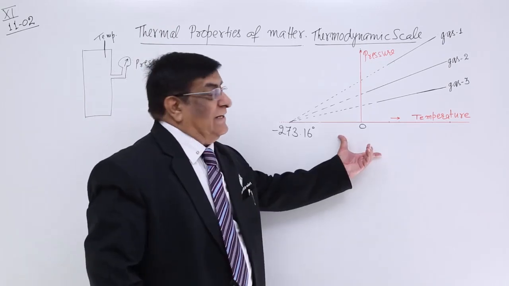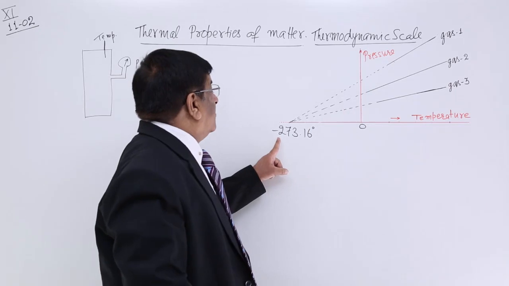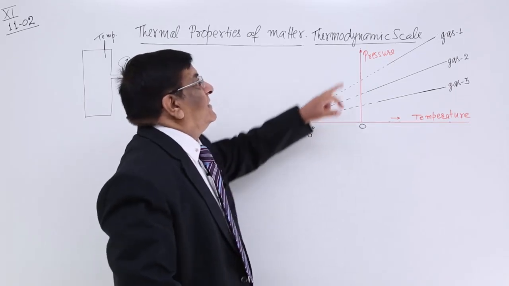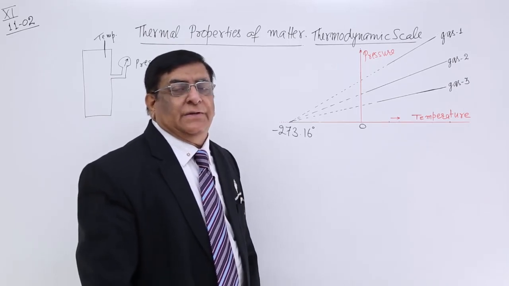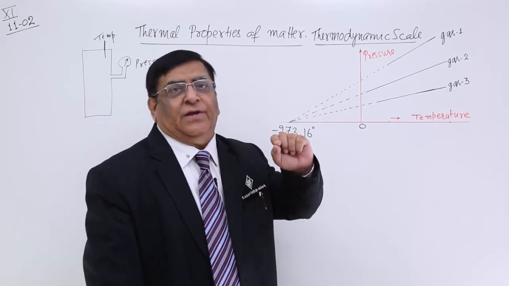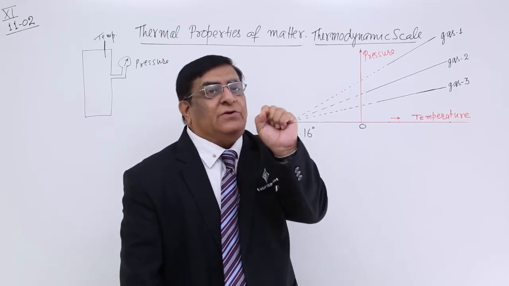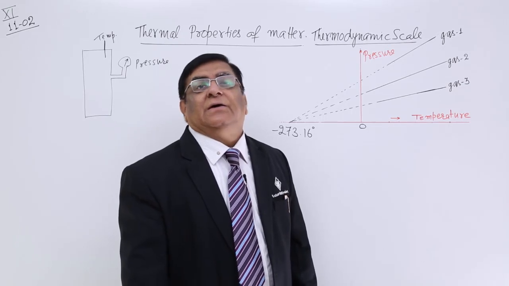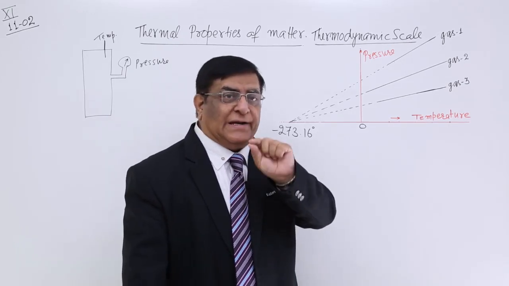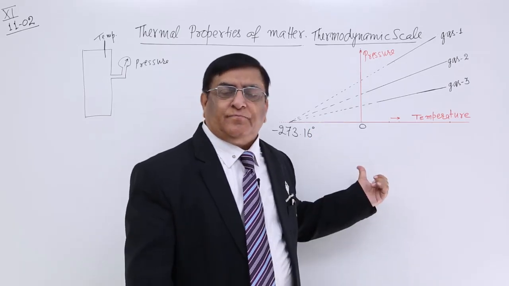That means theoretically, if the temperature is brought to minus 273.16, the pressure will become 0. By kinetic theory, we will come to know that pressure will become 0 when movement of all the atoms becomes 0. And no atom is moving, it will not create any pressure.